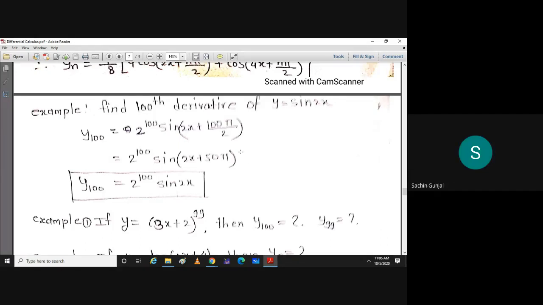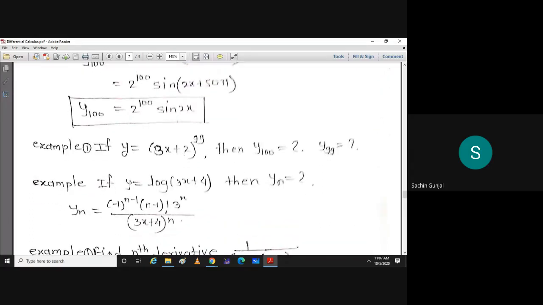So 2 raised to 100, sine of (2x plus n pi by 2). n is 100, which gives 50 pi. So sine of (2x plus 50 pi), what is it? Sine 2x. So 2 raised to 100 sine 2x is the 100th derivative of sine 2x.